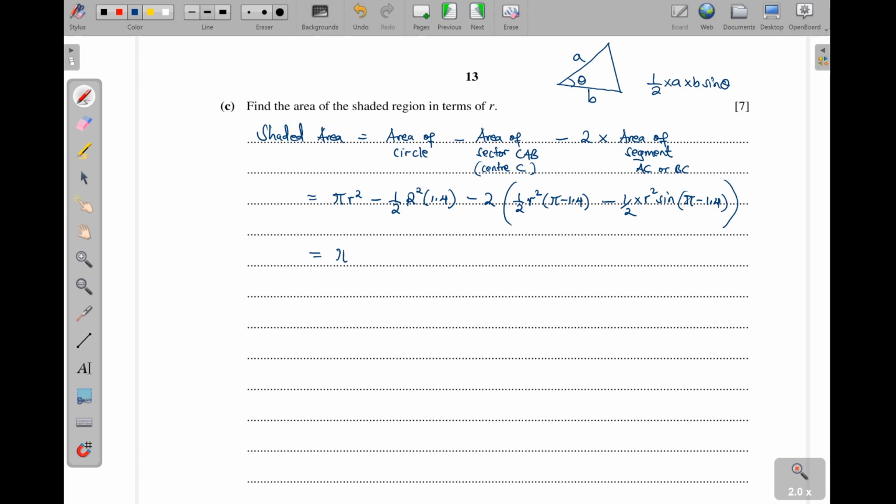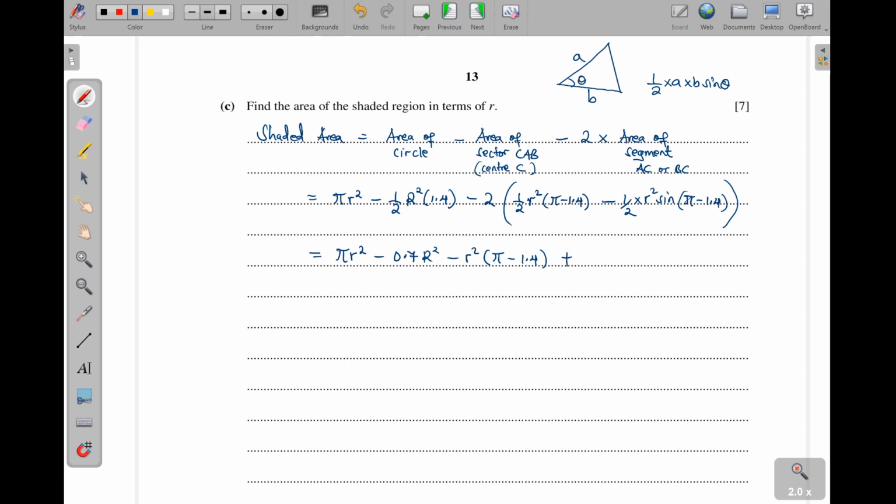This is pi r squared, okay, and then minus a half of 1.4 will give us 0.7, not so, of r squared. Then when you multiply all through here, this one will disappear. So we shall have minus, then r squared into pi minus 1.4. And also this one times this one, we shall get a positive value.